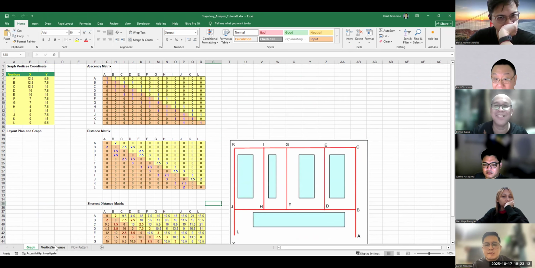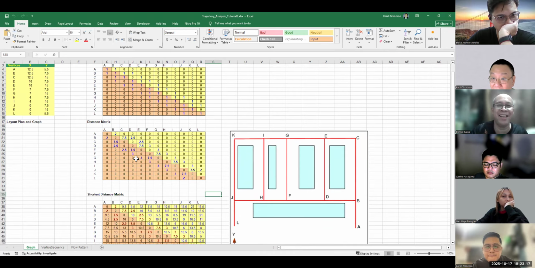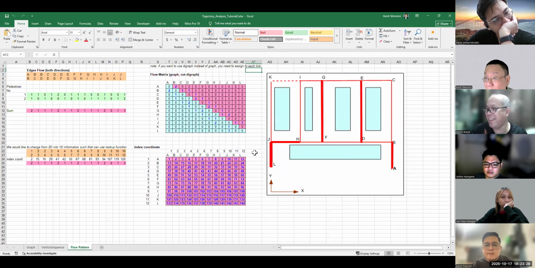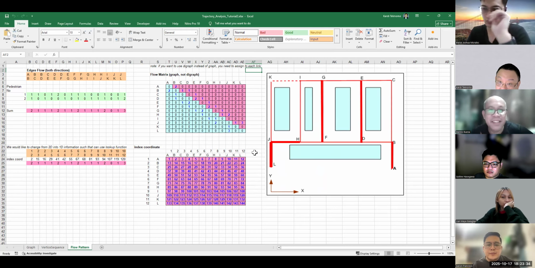We draw the layout and get the distance matrix. This is manual. Then we get the index coordinate and so on, and then you get the flow pattern.